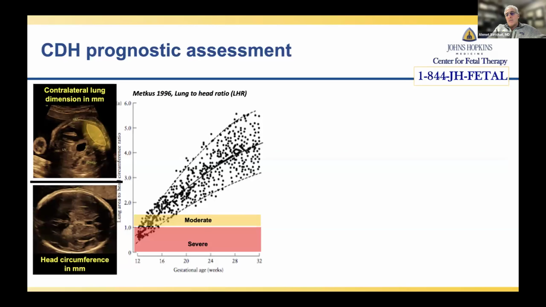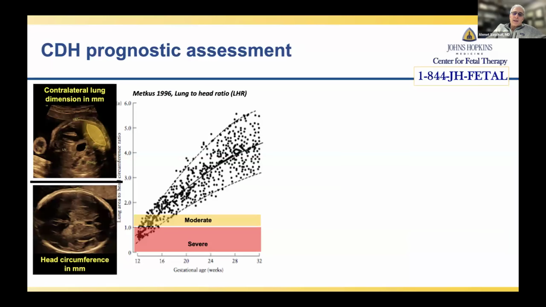And then we turn to assessing the severity of lung disease that can be anticipated after delivery, because that is, in very simple terms, the immediate killer after birth that can happen.